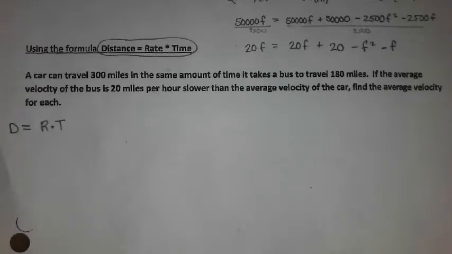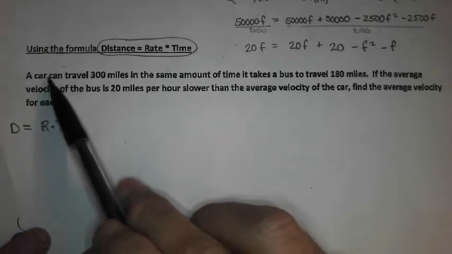A car can travel 300 miles in the same amount of time it takes a bus to travel 180 miles. If the average velocity of the bus is 20 miles per hour slower than the average velocity of the car, find the average velocity for each. My head's spinning. Let's start with the first fact that they gave us.